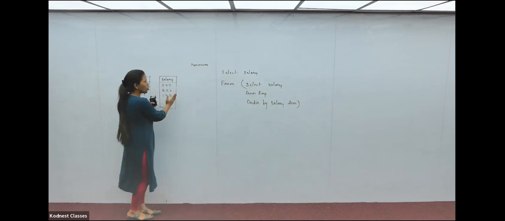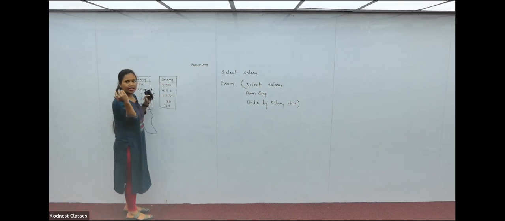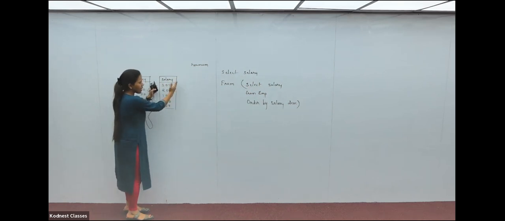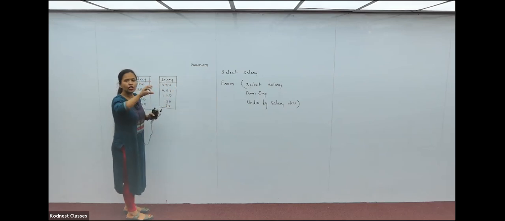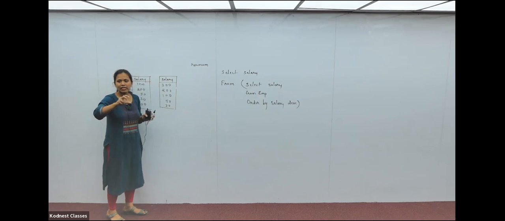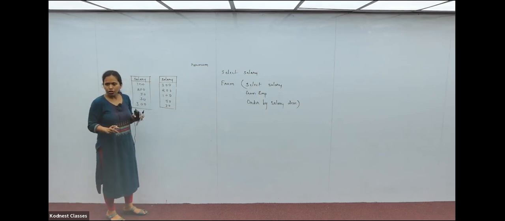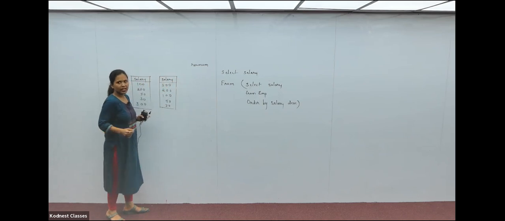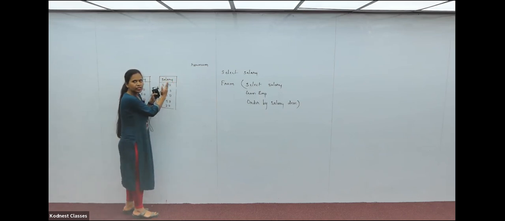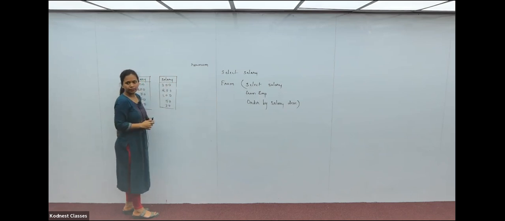Now, I'm not giving the complete employee table as the table. Rather, whatever I'm having here, only this as the table I'm telling. Because whatever you give in the from clause, that will be treated as the table. Now, I'm not telling that complete EMP table as the table for this query. Rather, whatever the salary that is sorted in the descending order, that you treat it as table, I'm telling.